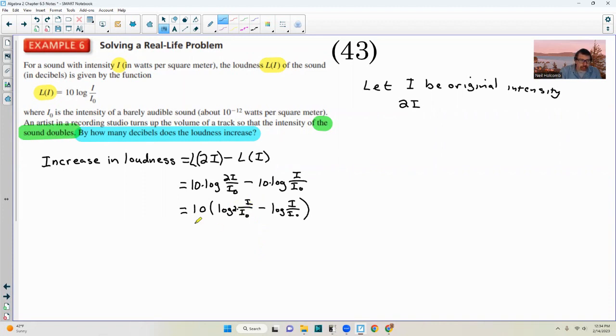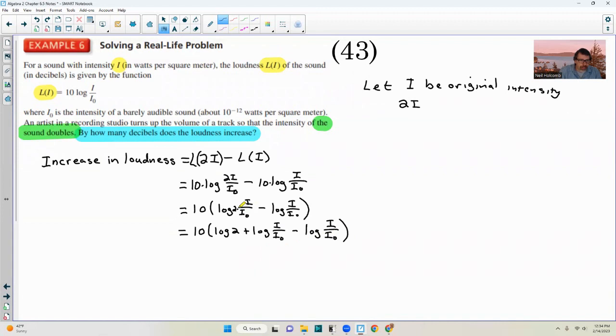Now I can break that up with our product property. That's going to be the log of 2 plus the log of I divided by I naught, and then minus the log of I divided by I naught.